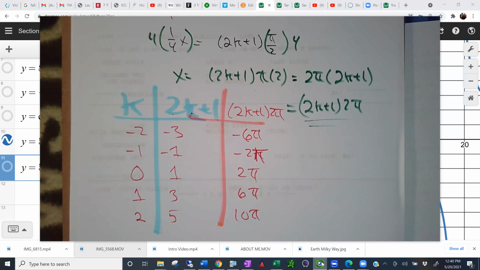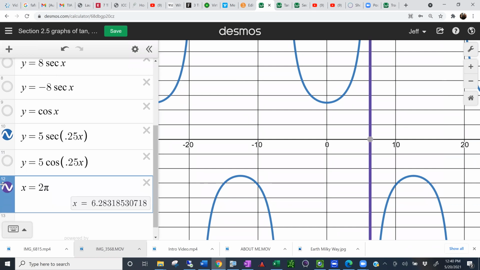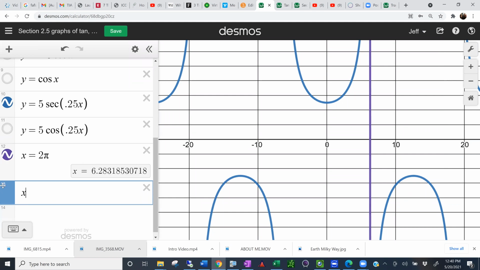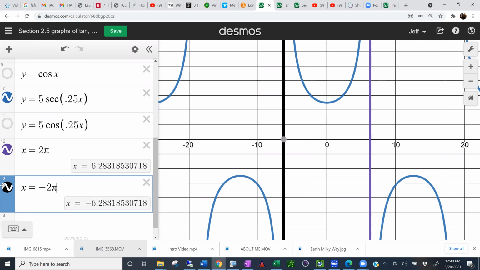So these are the places that I would expect to see vertical asymptotes. And they're different from each other by 4 pi. So let's just do 1 or 2 of these. We'll do x equals 2 pi. There's 1. And x equals negative 2 pi. And there's another one. So our asymptotes are just where we thought.